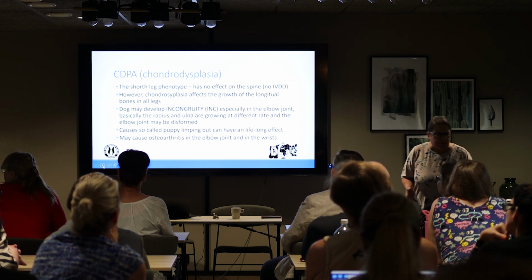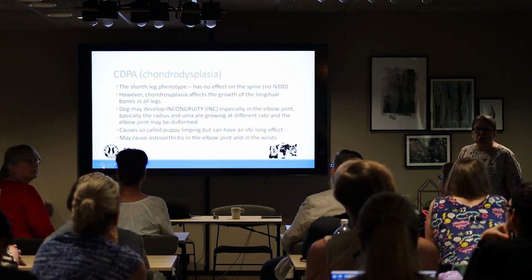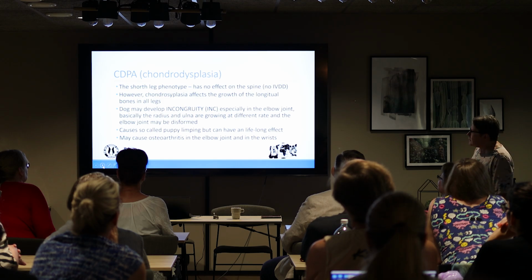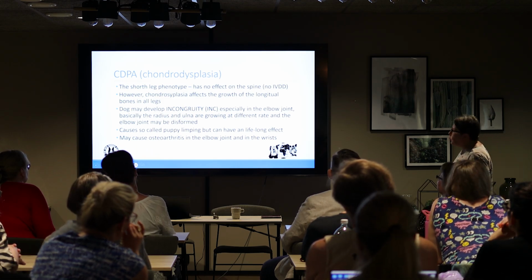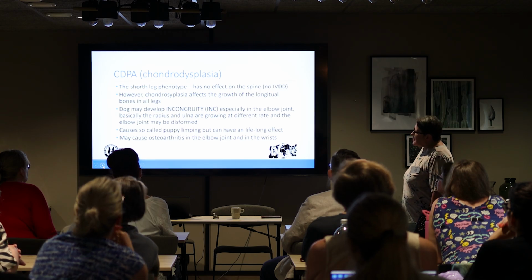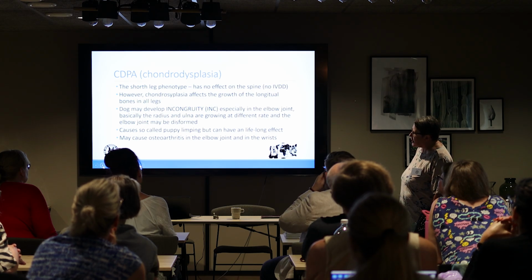As far as we know at the moment, it has no effect on the spine. So there is no chondrodystrophia in this chromosome 18 mutation. But as we have seen, it affects the growth of the long bones in all legs.